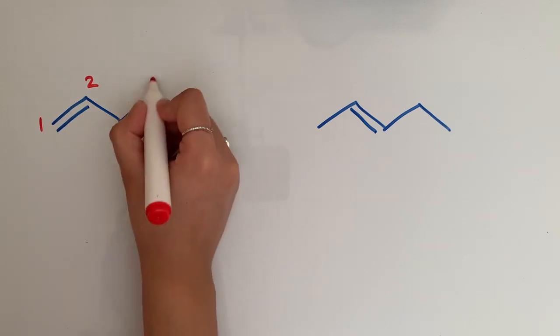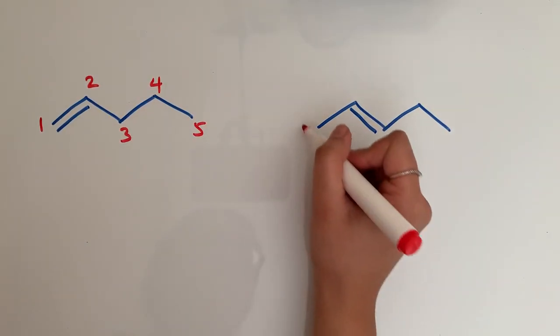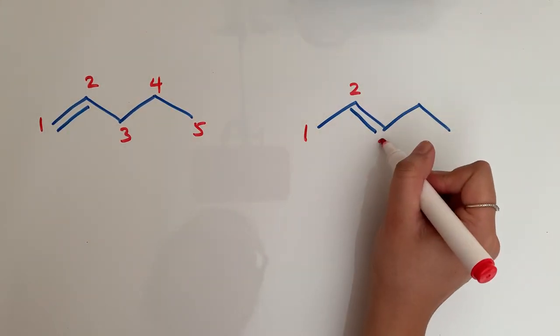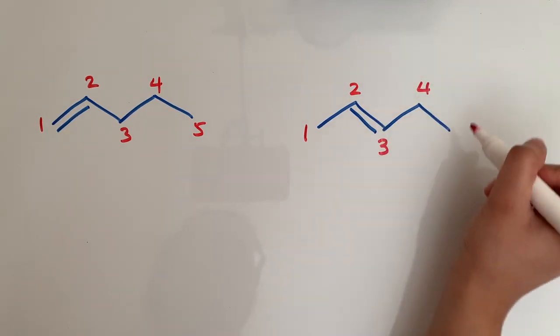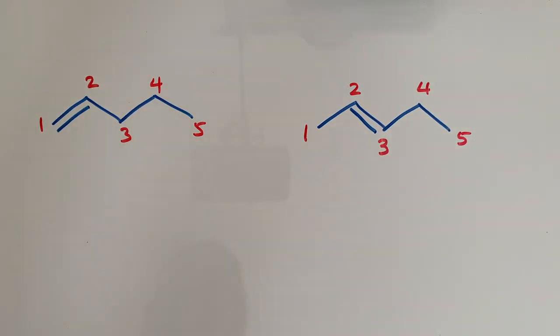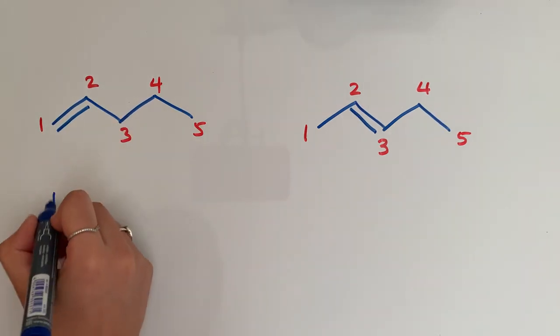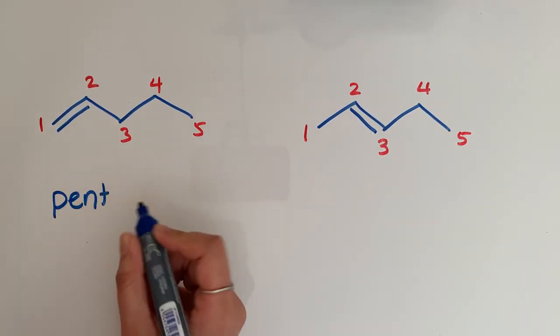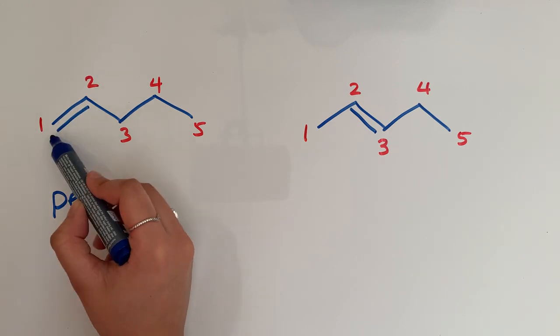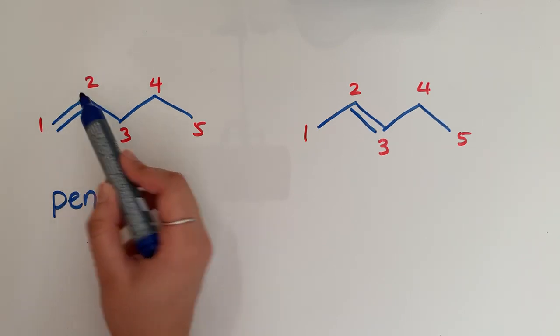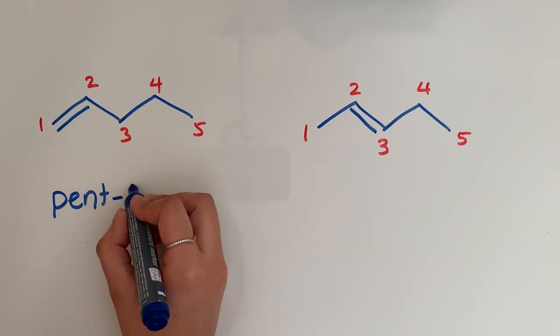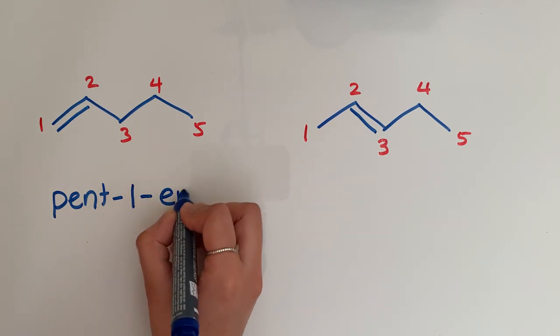Okay, so in terms of naming these, we've got to number. And this one, I'd start numbering from here to make sure that it falls between the smallest number carbons. So this one here, it's 5 carbons, so it's pent, and the double bond falls between 1 and 2. Smallest number is 1, so this is called pent-1-ene.